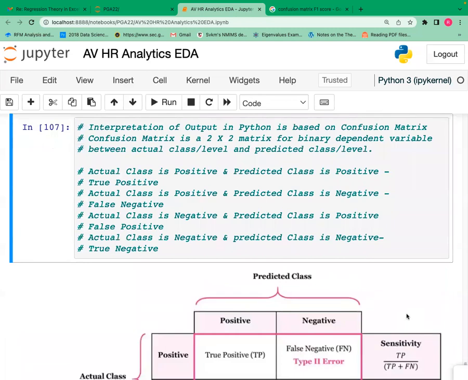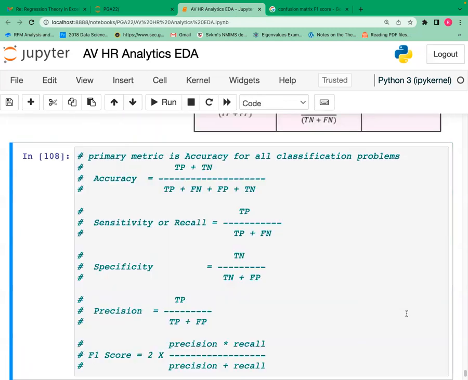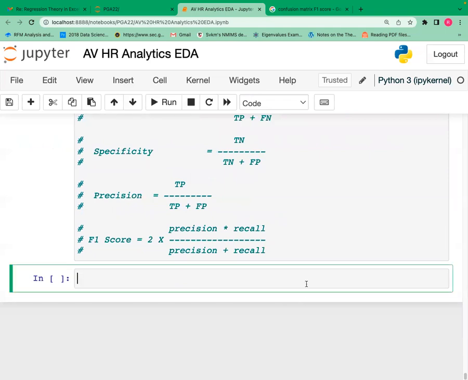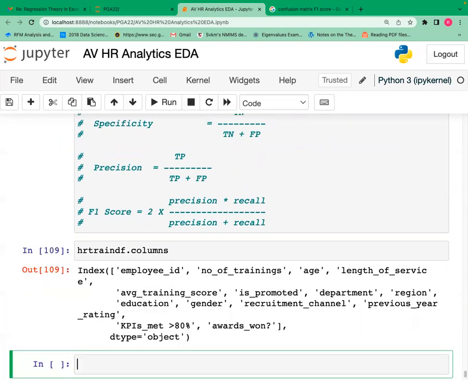So this is the confusion matrix, which is very important in classification problems. HR trained dot columns, what variables we have.